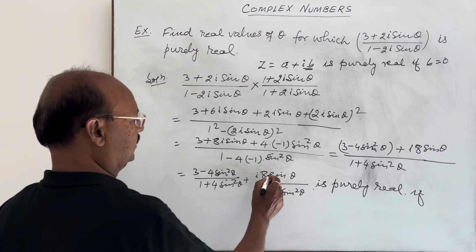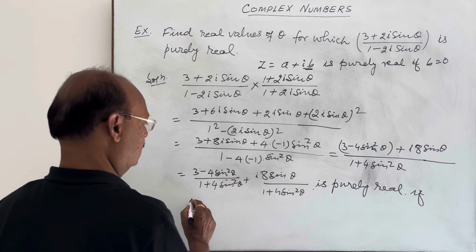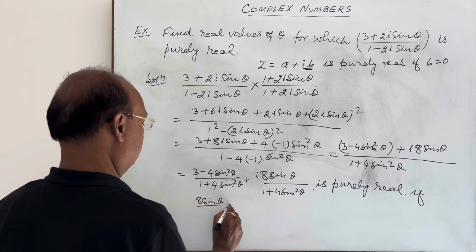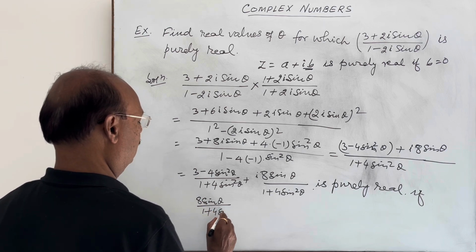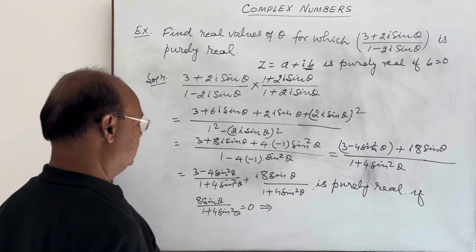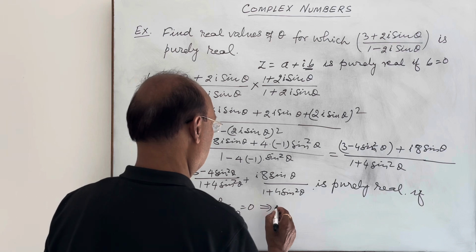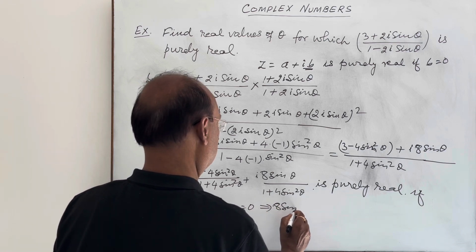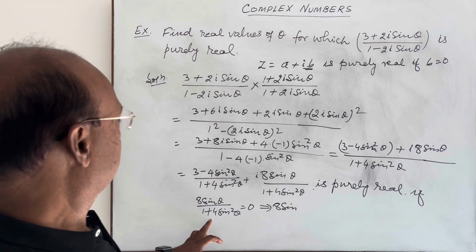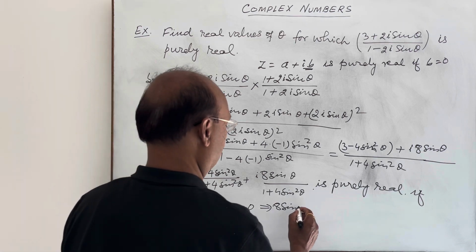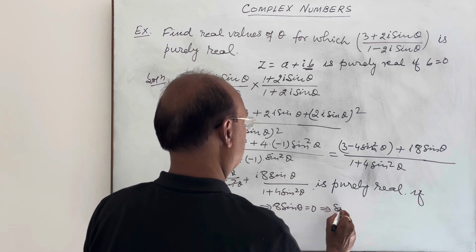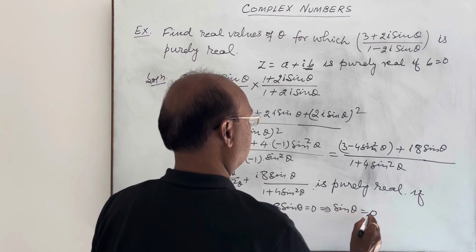So if this much is 0, 8 sin theta upon 1 + 4 sin square theta is 0. This implies that the numerator is 0. This implies 8 sin theta is 0, and this implies that sin theta is 0.